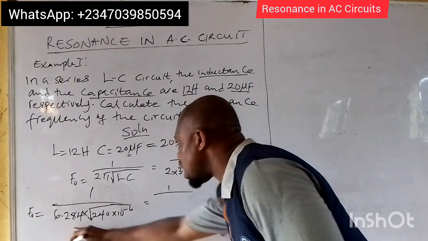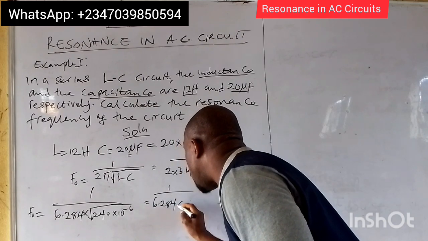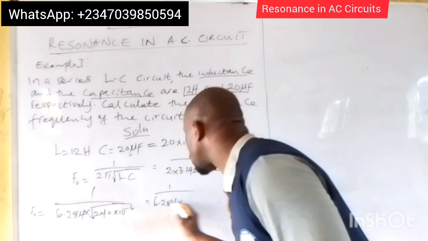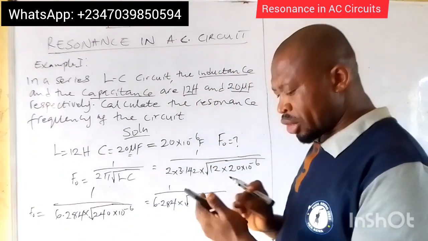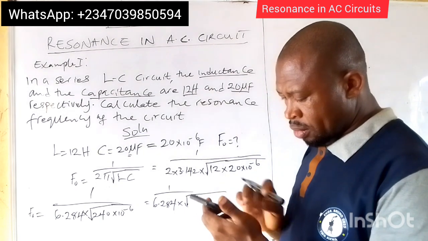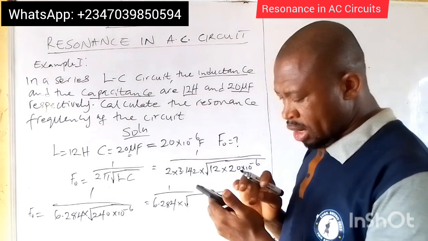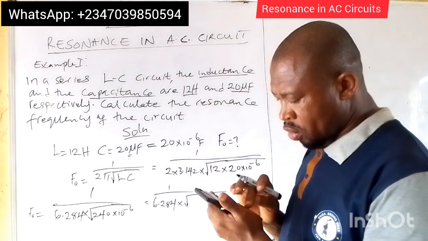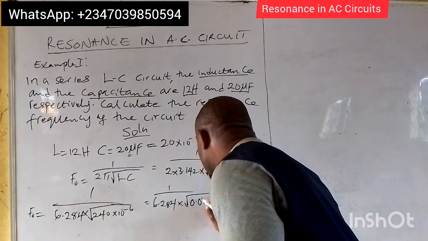So 1 over 6.284 multiplied by the square root of 240 times 10 raised to power minus 6, which will give us 0.00024.